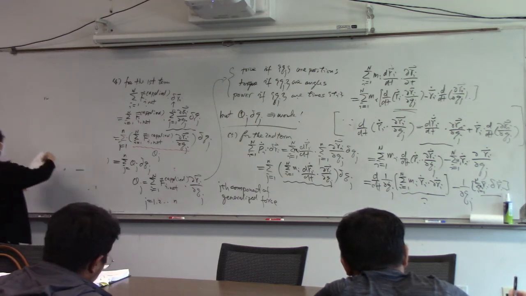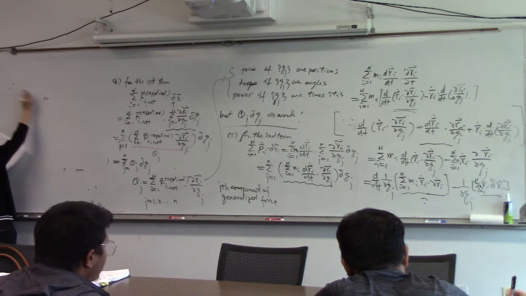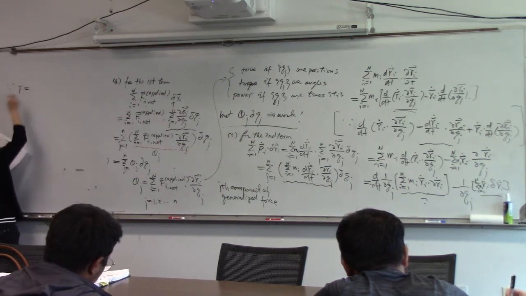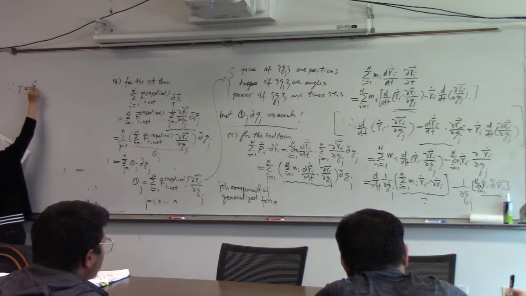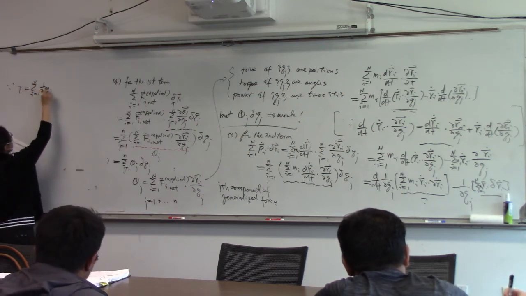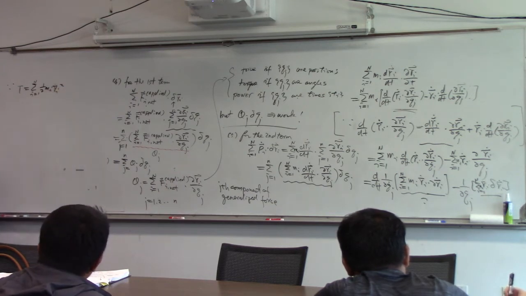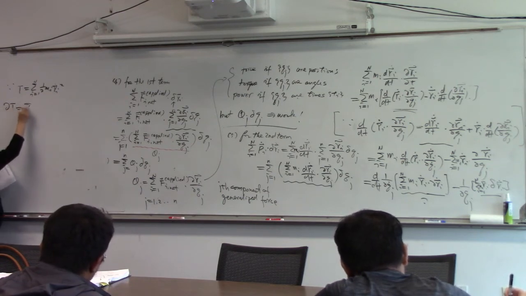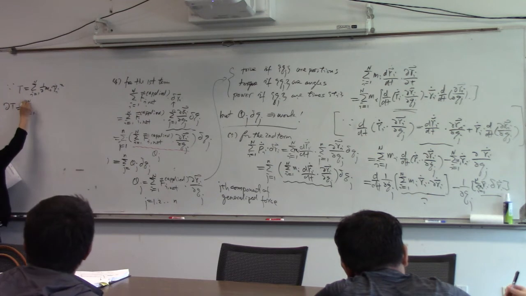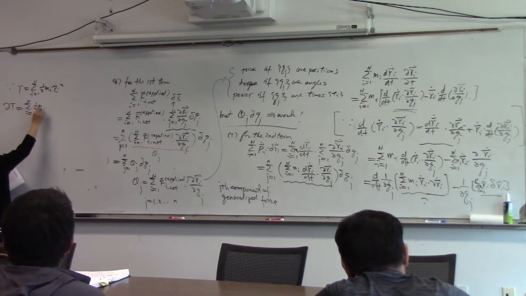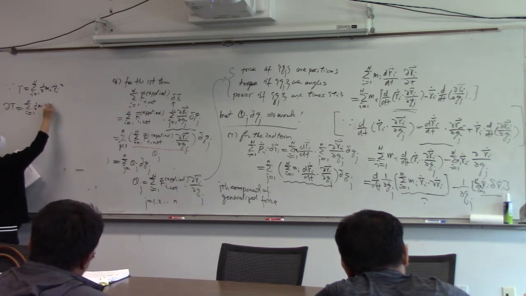Okay, let's consider the total energy. Sorry, kinetic energy. Total kinetic energy is the sum over all I from 1 to n of half of mi ri dot squared, right? So the partial t is the summation I from 1 to n of half of mi, then we have a factor, sorry.